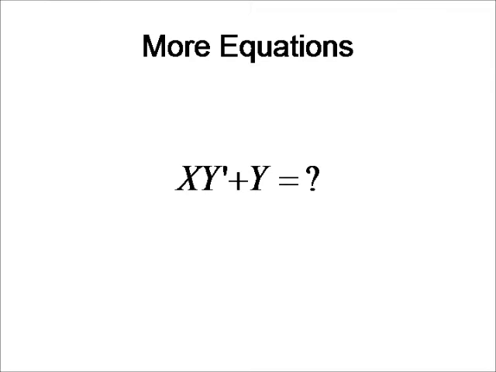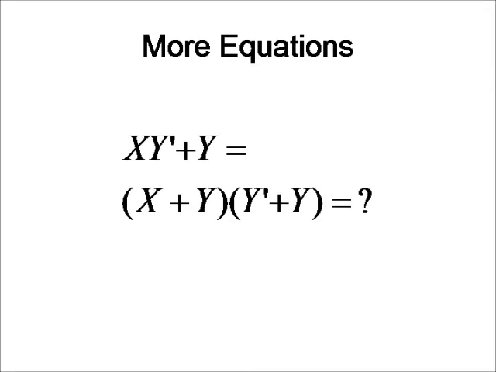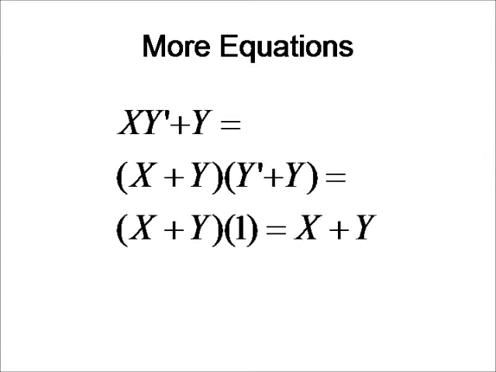We take the y and OR it with x, and then OR it with the second term, which is y naught, and we have x plus y times y naught plus y. Well, we just know that y naught plus y turns out to be 1. And what is x plus y ANDed with 1? Well, anything ANDed with 1 is just equal to itself, so the answer is x plus y, the y naught in this case being redundant.